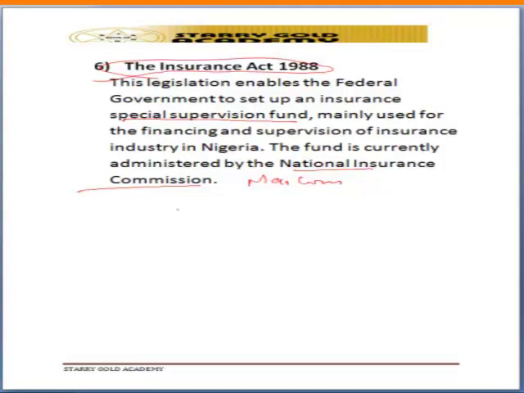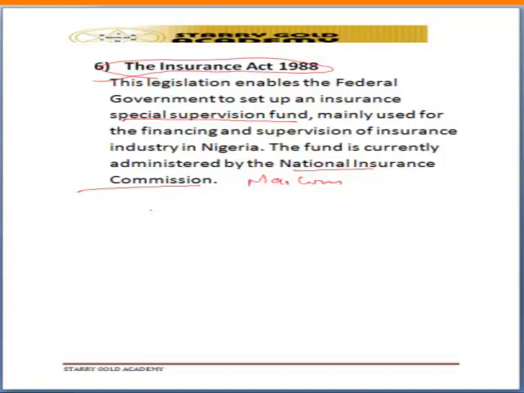So this act made it compulsory that all insurance companies must contribute into this special fund on a yearly basis. At the end of the financial year, they will have to contribute into this fund. This fund is meant for financing and supervising the insurance industry.